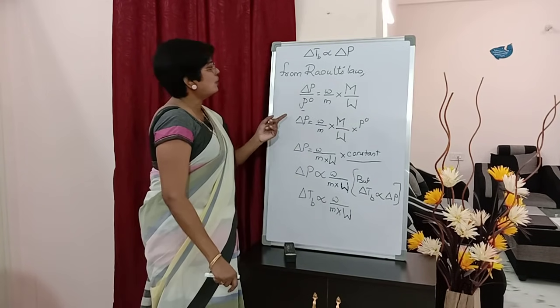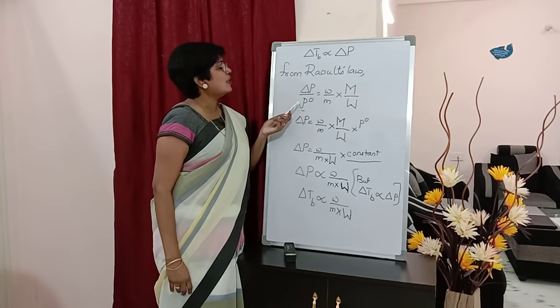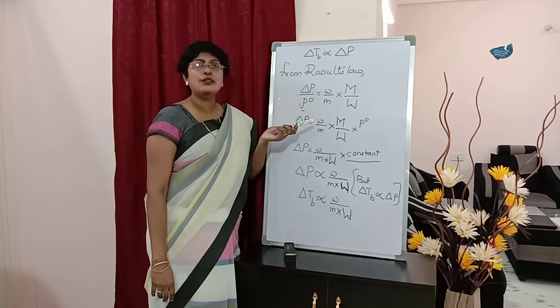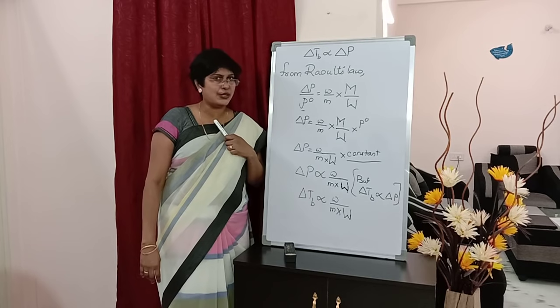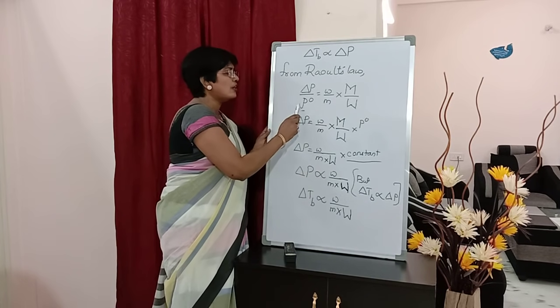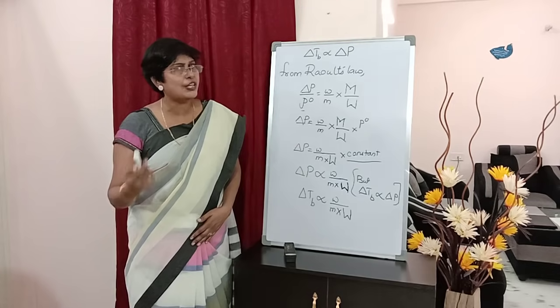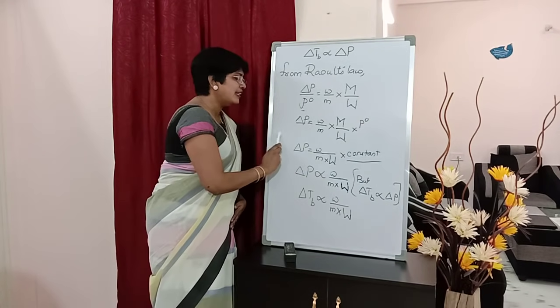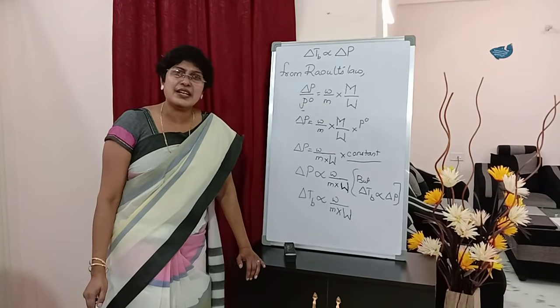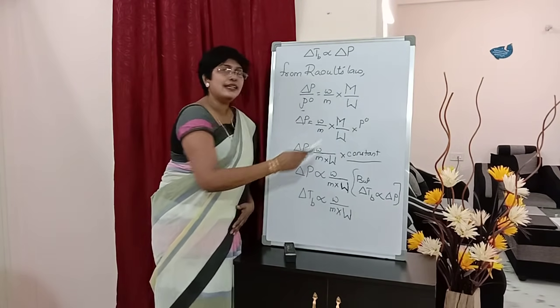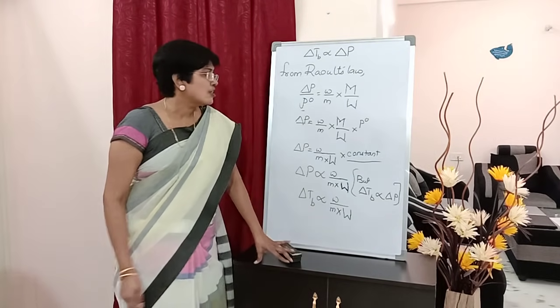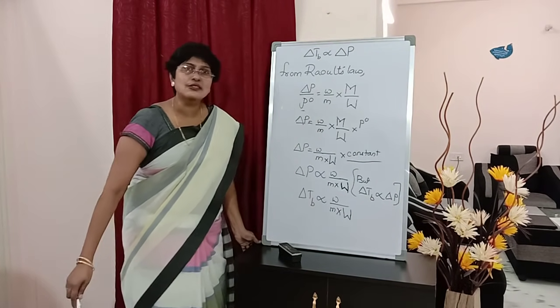From Raoult's law we know that delta P by P naught is equal to small w by small m into capital M by capital W. If this P naught goes to the right side, it goes to the numerator. We have seen here that at constant temperature for any particular solvent, P naught and M remain constant. So the product remains constant.